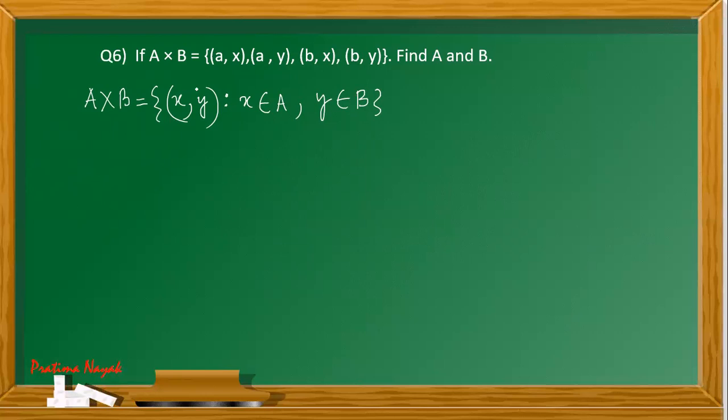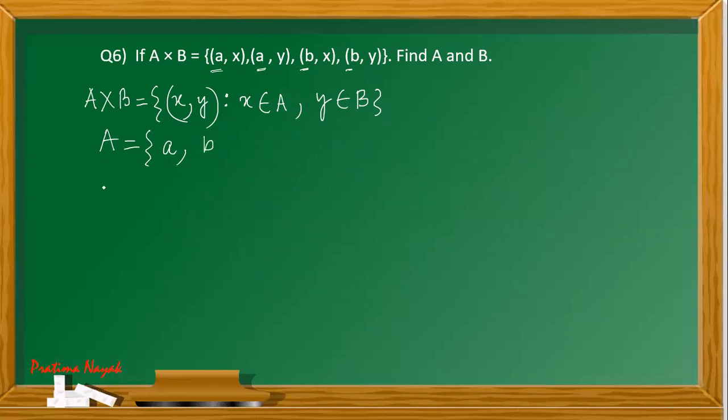So the first element will belong to the first set. So identify what the first elements are. The first element is A, here also A. Here is B and here is B. That means in the first set I am getting two elements, one is A, one is B. I am not getting other things.